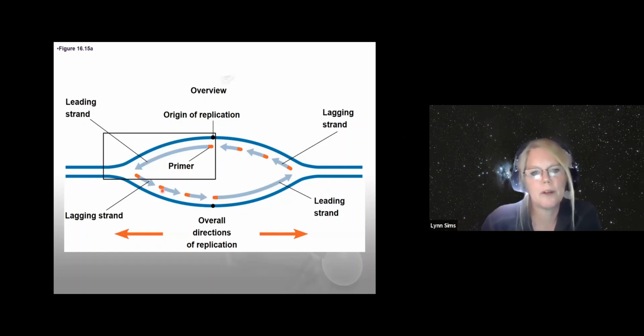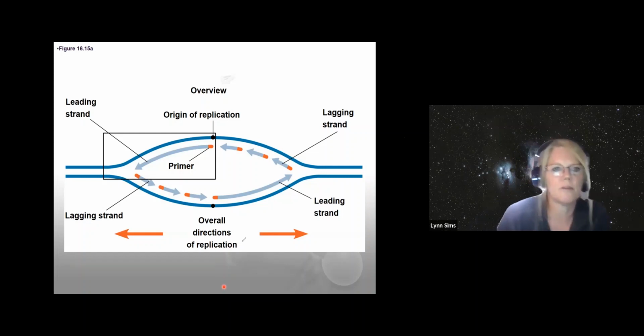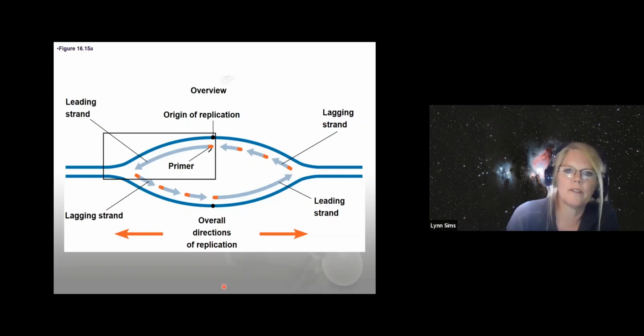And remember, if we look at this right here, I'll go ahead and draw this, as it might make more sense. Okay, so we've got 5' here, and this will be the 3', and this will be the 5' on this end, and this will be the 3' on this end. DNA replication is only going to occur from the 5' to 3' direction. So you can see the leading strand is just going in that direction readily.